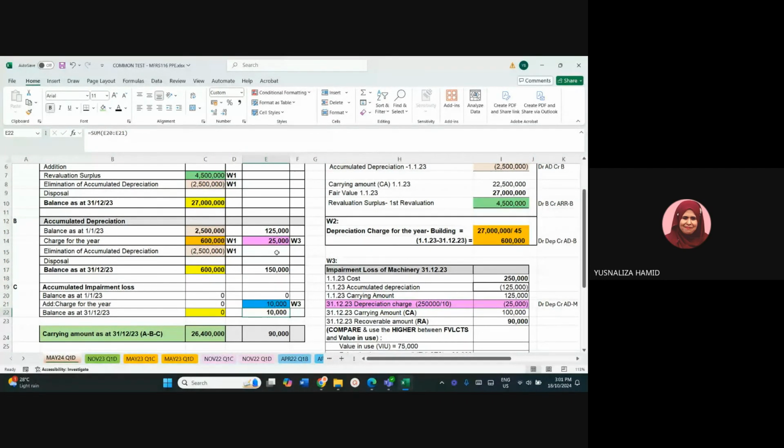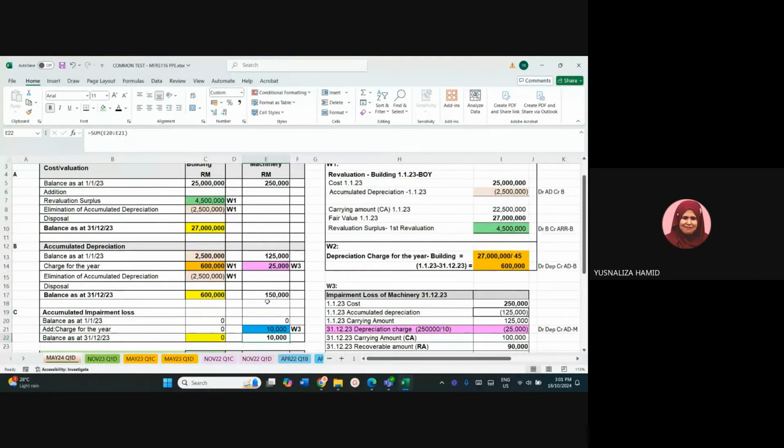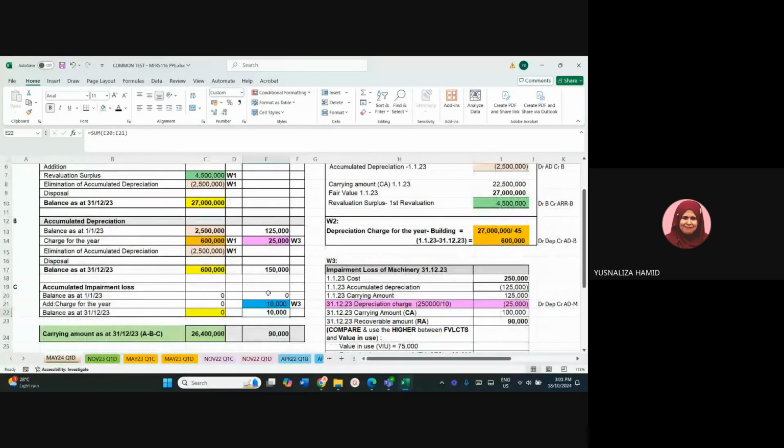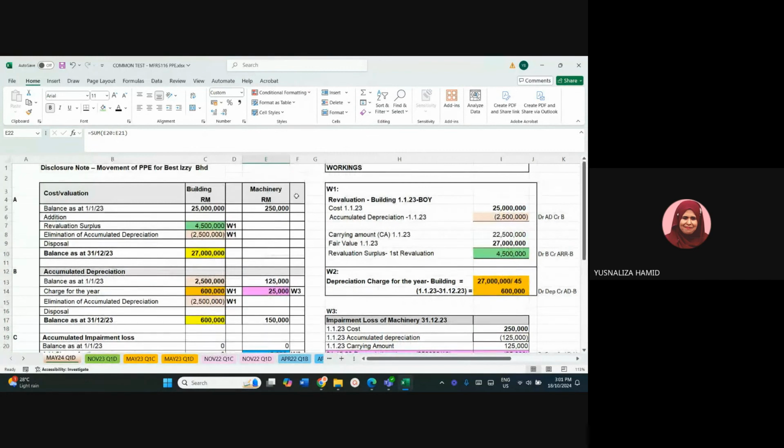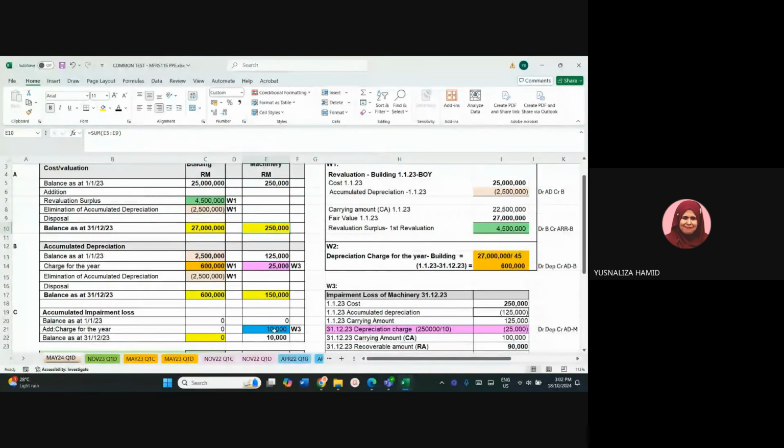Therefore, you take the accumulated impairment loss and you now need to reduce that also with the information that you have here, which is the total balance at the end of the year, the one I put the yellow highlighter on. Take this minus this 150 accumulated depreciation, 250,000 is the cost, and deduct the impairment loss itself.